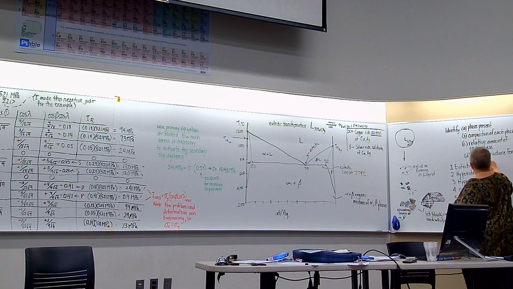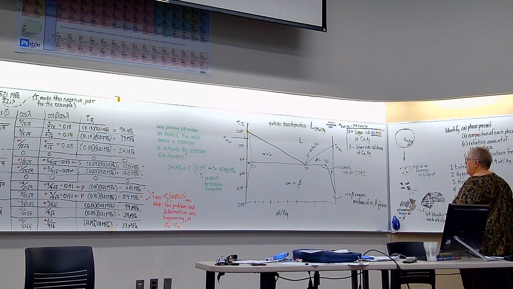So the eutectic alloy only has one composition, 71.9 weight% silver. Hypoeutectic is 8 to 71.9.